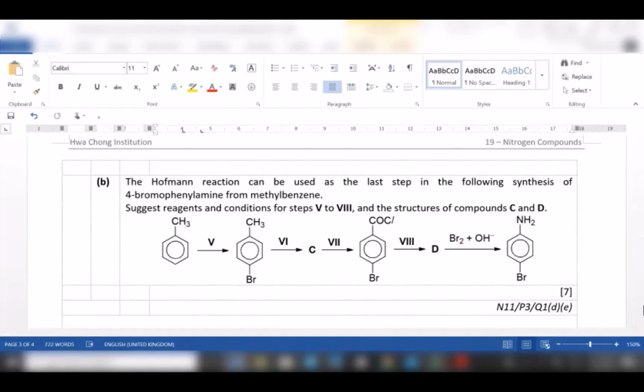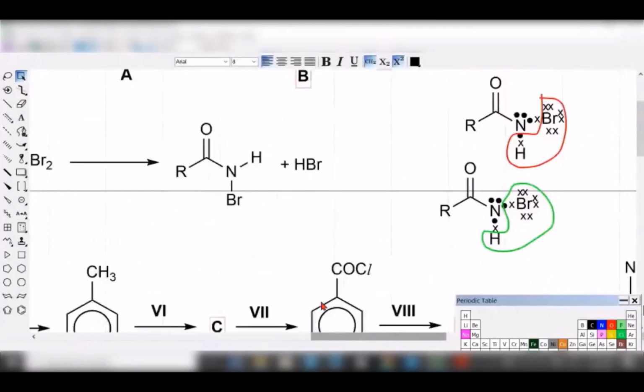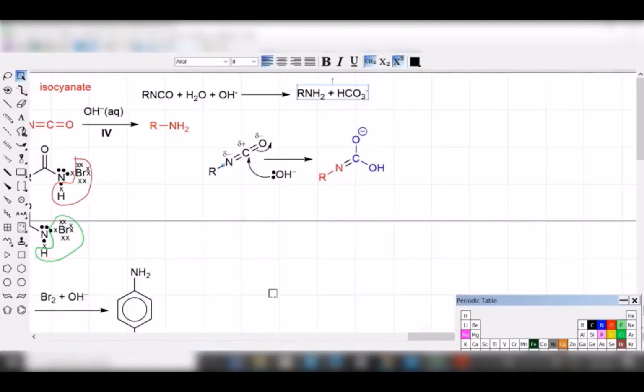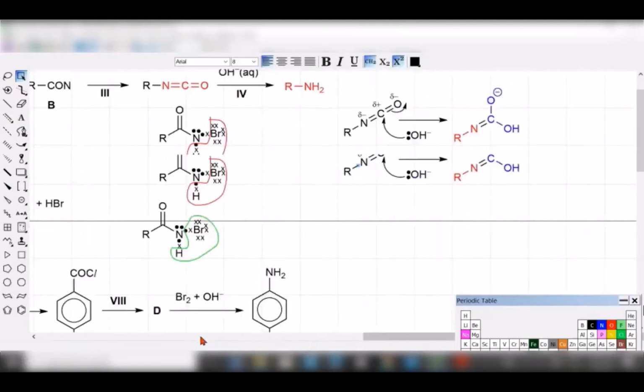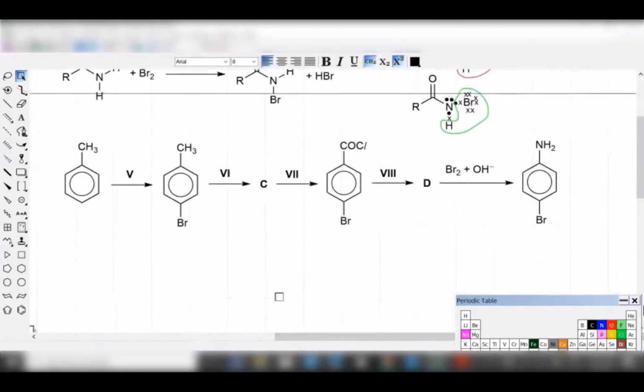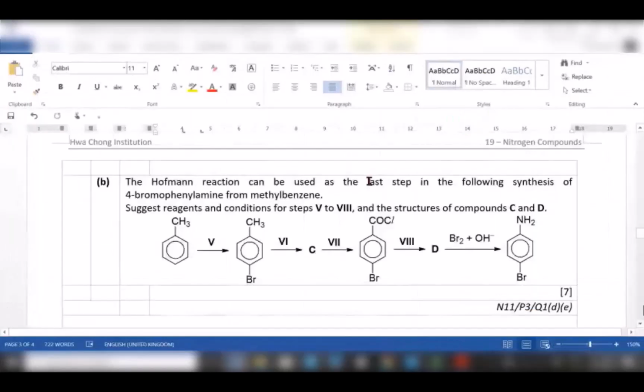Okay, so let me just go to the structures here. Oh, I need to zoom up, if not, it's too big. Okay, you notice they really give you the clue, right? They said that the last step is the Hofmann reaction.